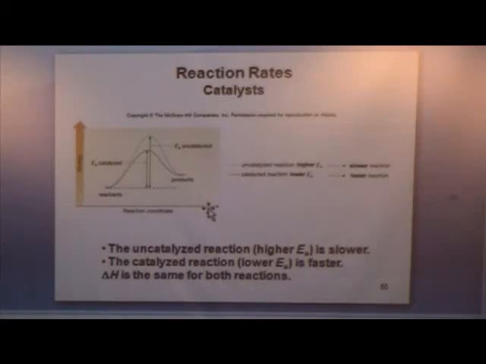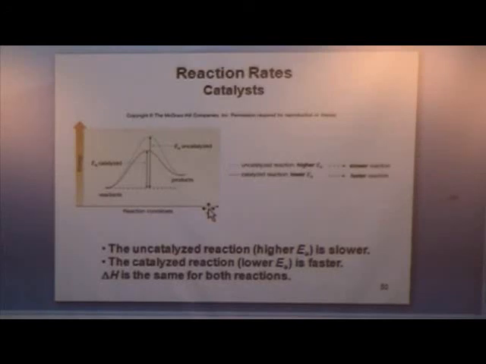What a catalyst does is, a catalyst is like a GPS. A nice GPS. Not all GPS are nice. Some very smart GPS find a shortcut, so you don't have to go all the way up to here. They will find a shortcut for you. A catalyst doesn't affect the reactant, the concentration, or the reaction process.